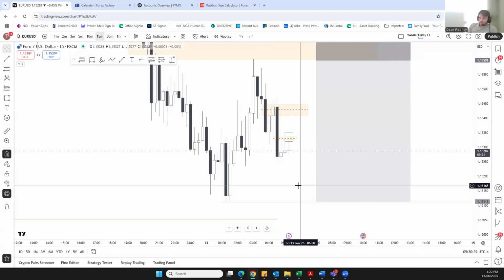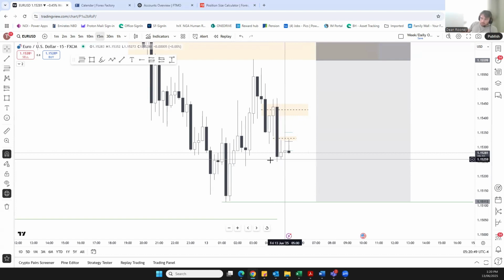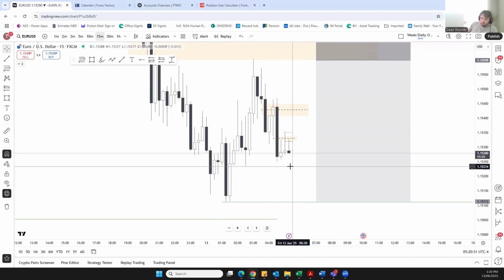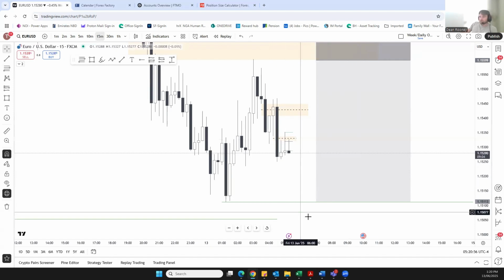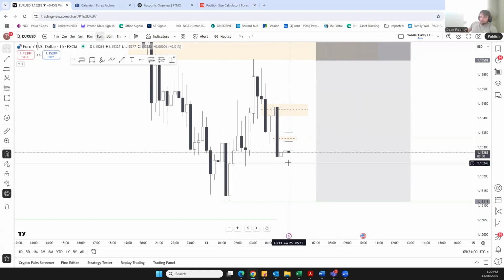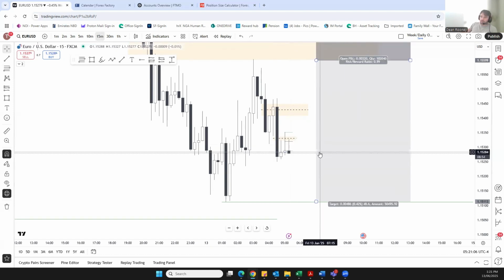So there you see that starting to reject. I would like to see it now come below this low, under here, and start to expand lower. Now, if this plays out like that, how can you tell me that this is not buying and selling pressure?